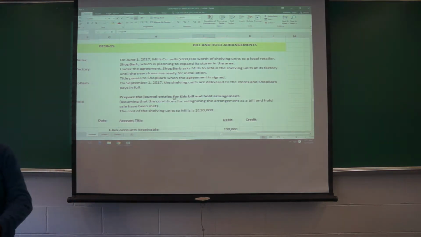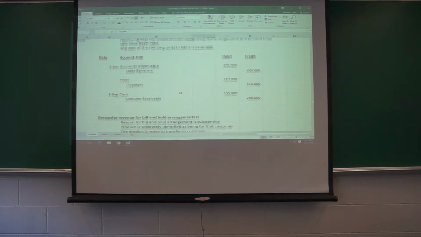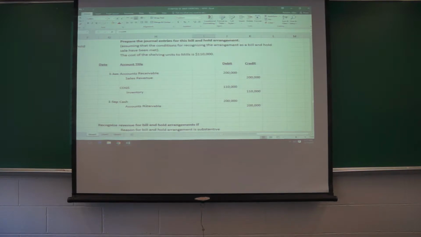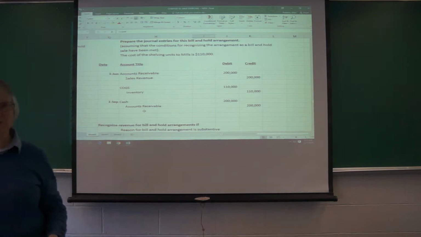As long as the requirements are met. Bill and hold has to be at the request of the customer, so you have to meet all of the requirements. It has to be a good reason for it, and otherwise you cannot really book it as a sale. But if it meets the requirements, then the journal entries are just the normal ones that you would do for a sale.